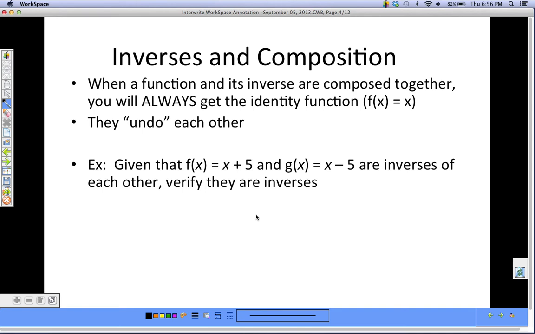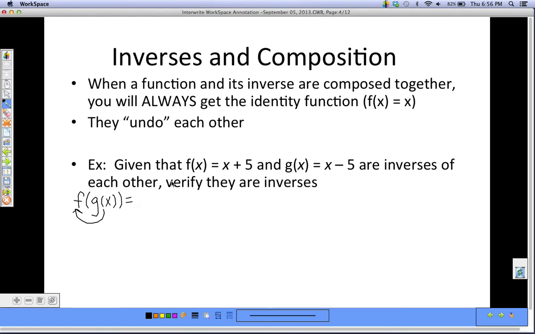So, given that f of x equals x plus 5 and g of x equals x minus 5 are inverses of each other, we need to verify this. So the first thing we're going to do is we're going to look at f of g of x. Hopefully you remember we're going to take g and plug it into f.